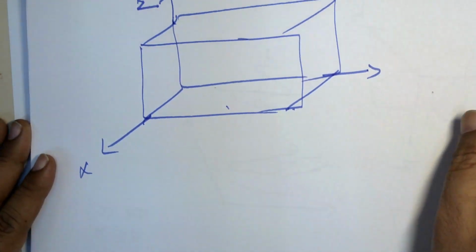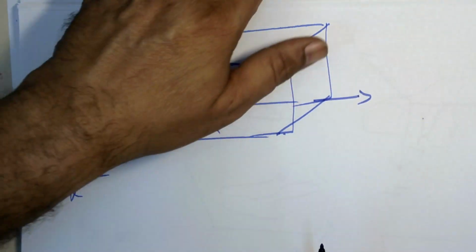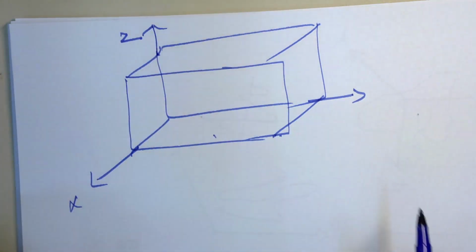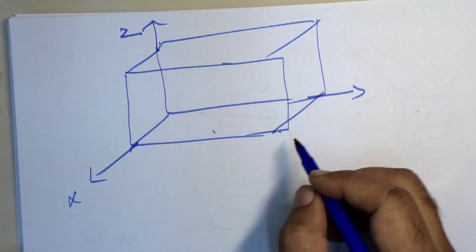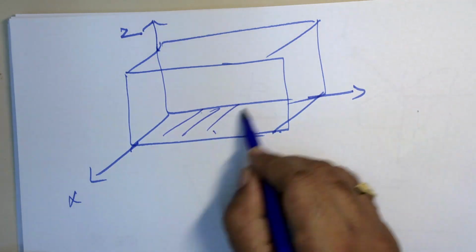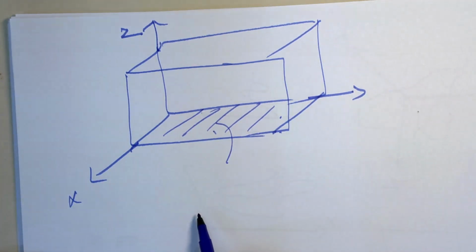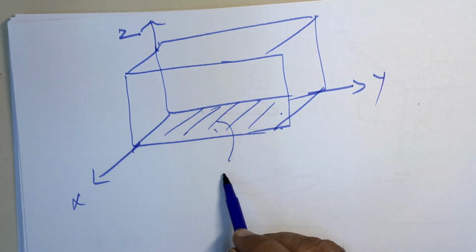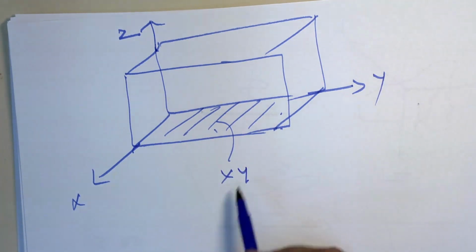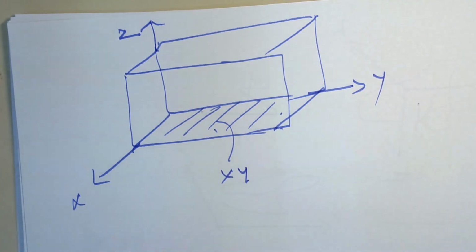Right. So here, this is the floor. What is this plane? XY plane. Yes, XY plane. You can also draw.